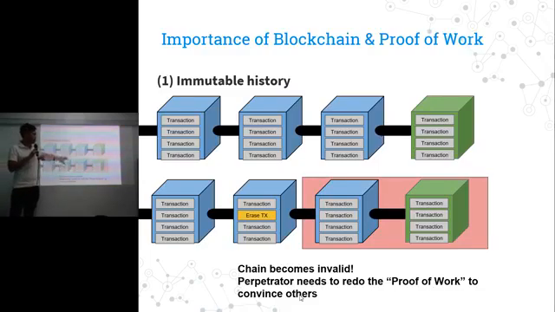He needs to do the proof of work, all the way to a point where it's longer than the current chain. With that, he can prove to the others that he has done the most work in terms of solving the puzzle, and then everybody will have to update the ledger. But the chances of this happening are really, really low, and that is why people give the attribute that blockchain is immutable.